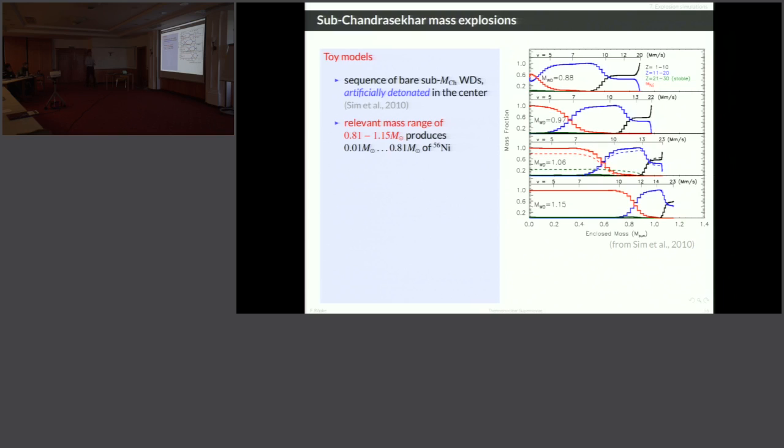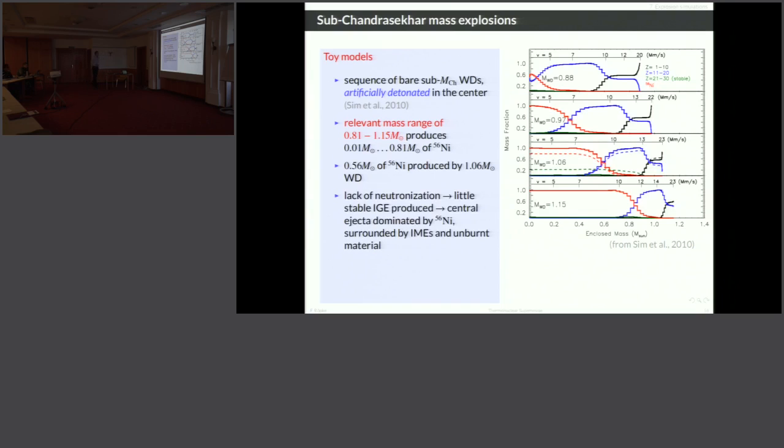This is quite the range that you would expect for type Ia supernovae. In particular, if you want to achieve a standard normal type Ia supernova, you would have to produce about half a solar mass of nickel-56, and this is actually the case for a detonation in a sub-Chandra mass white dwarf that is very, very close to 1 solar mass.